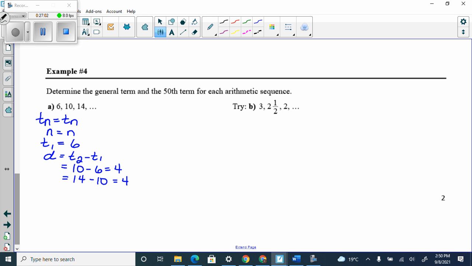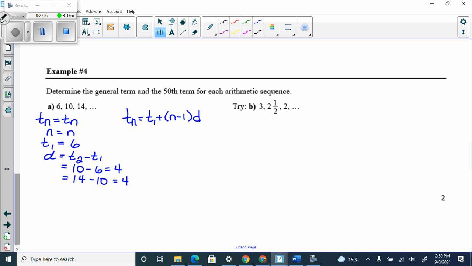So, I know term 1 is 6. I know d is 4. I know Tn has to be Tn, and I know n has to be n. I told you that, right? And then it's arithmetic sequences, and we're like, what formula? I have one option, so guess which one I'm going to pick? The one option I have, so we don't overthink it. The one option I have is Tn equals T1 plus n minus 1 times d.